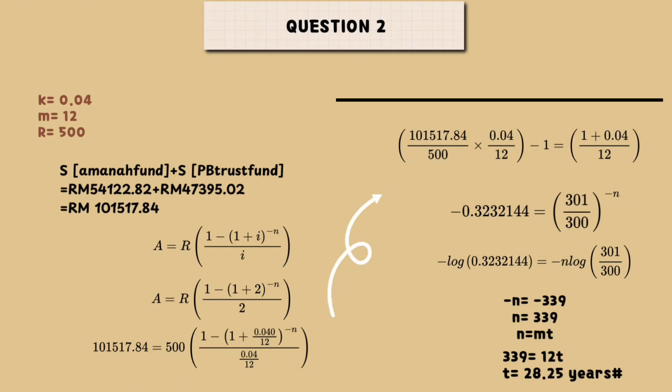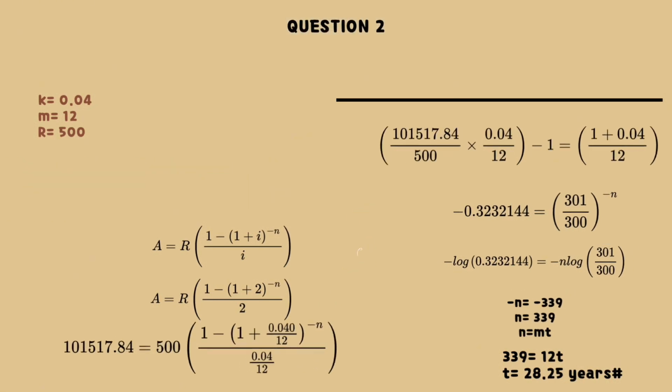So that amount is equal to A for the formula, and we have N equal to 339. So we use formula N equal to MT to get time. So we just count, and we got T equal to 28.25 years.